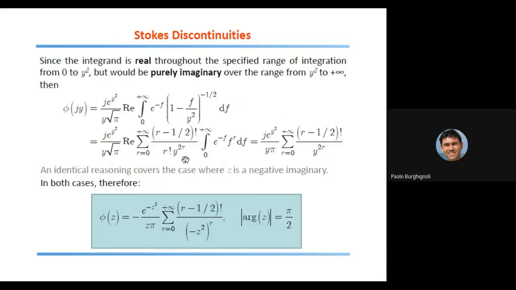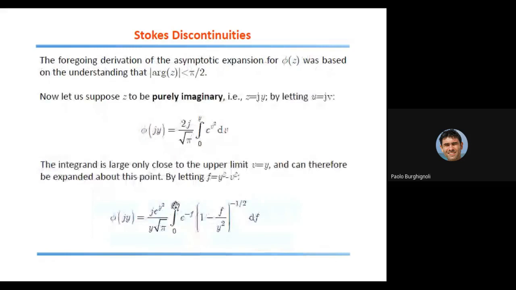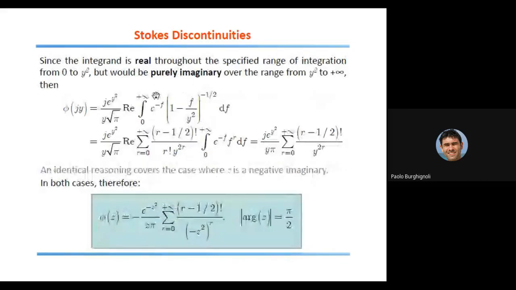And for this reason, you can extend your integration to plus infinity and then take the real part, because then in this case, the result is exactly the same as if you had integrated only up to y squared, okay? The use of doing that is that now we can integrate easily from 0 to plus infinity, term by term, the binomial expansion.